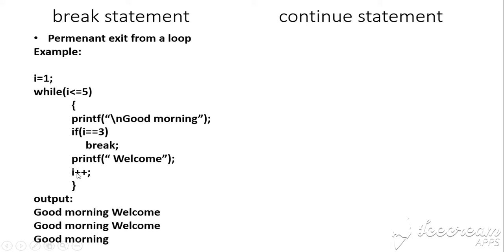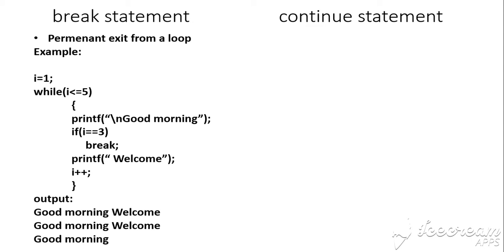Then i gets incremented to 2 and again the condition will be evaluated as 2 less than or equal to 5. And as the condition is true, good morning will be printed. And as 2 is not equal to 3, no break will happen. So welcome will be printed as usual. And when i is incremented to 3, again the condition will be evaluated: 3 less than or equal to 5.